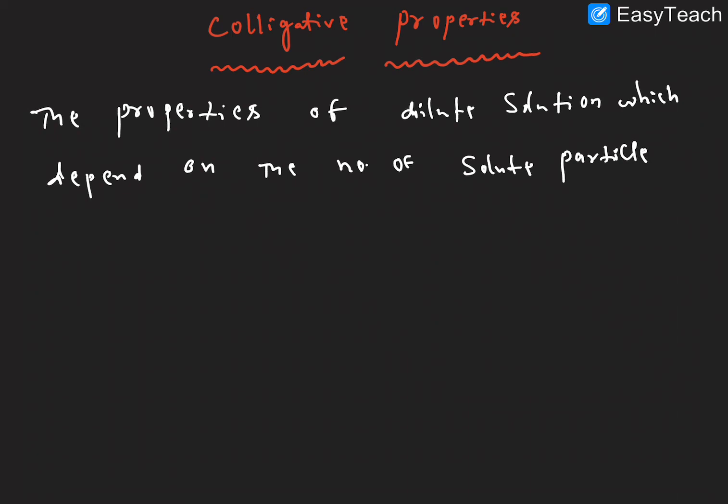I hope it is clear. The property of a dilute solution that depends on the number of solute particles is called a colligative property. This is point number one.